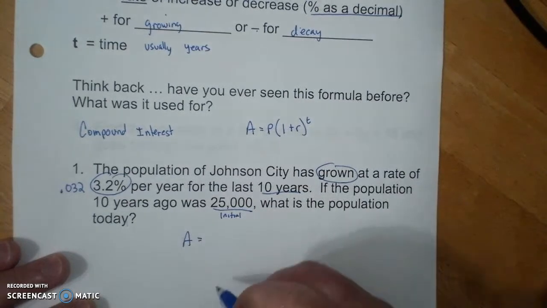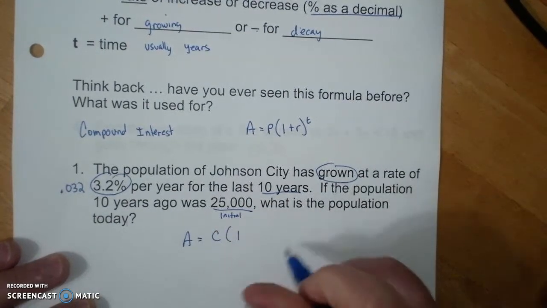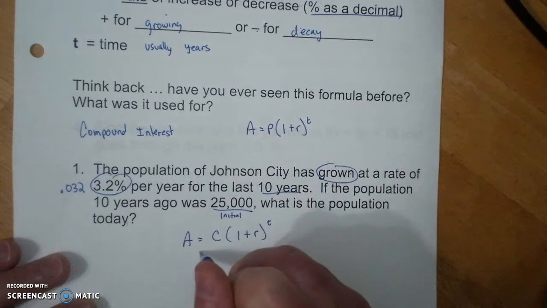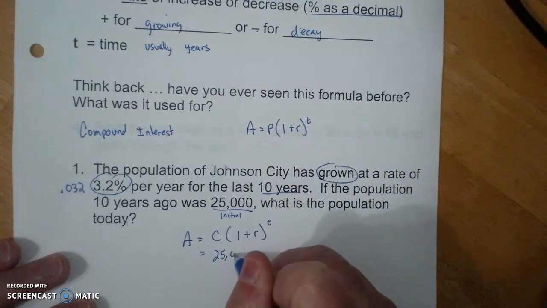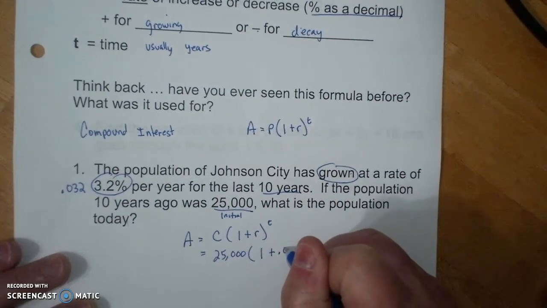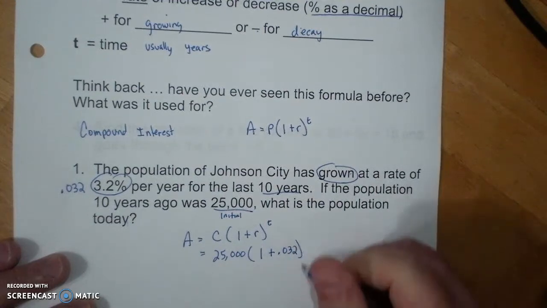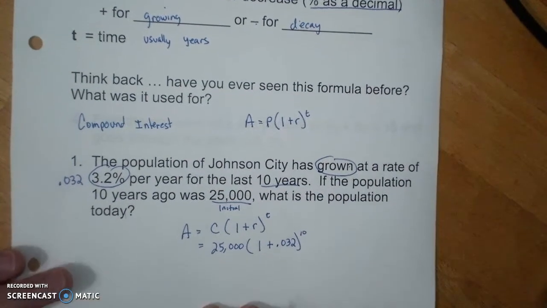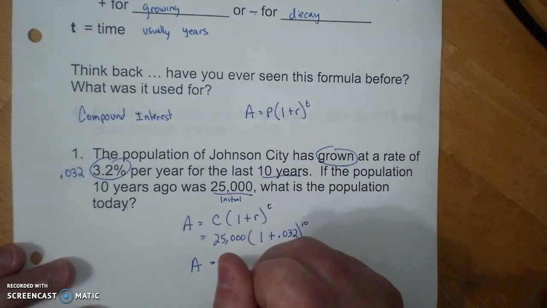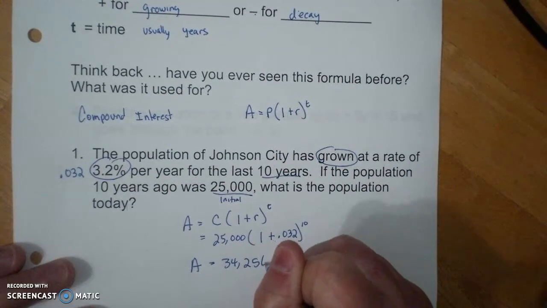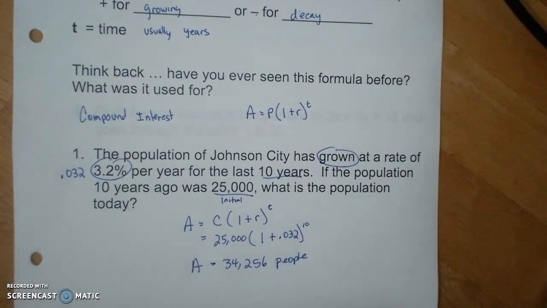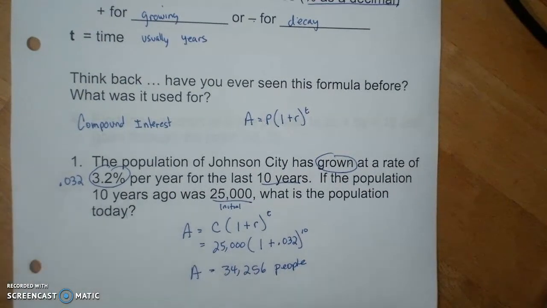So this is A equals C times 1, I want growth, plus rate to the T, where my initial amount is 25,000 times 1 plus 0.032, all to the 10th. You will calculate that in a calculator, and your population is now 34,256 people. My apologies, my puppy is in the background and found his toy and he's wrestling with it.